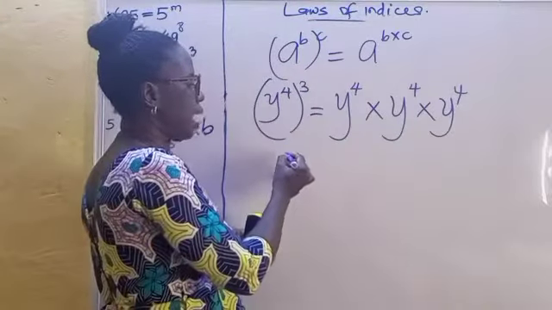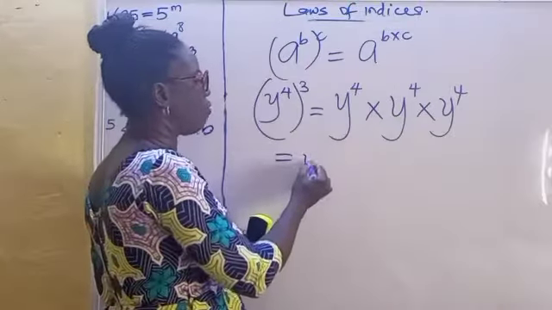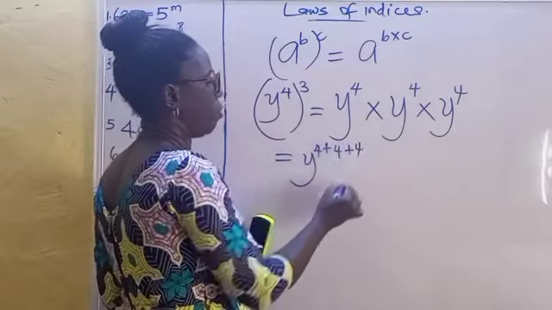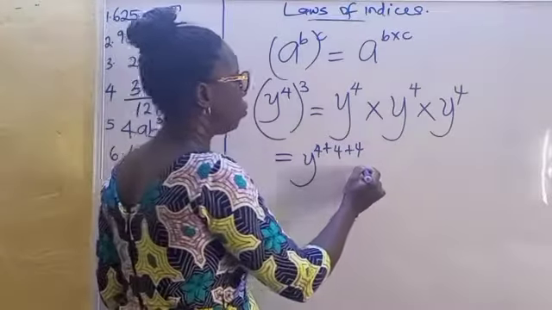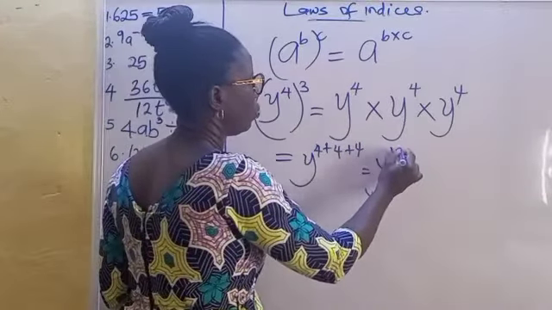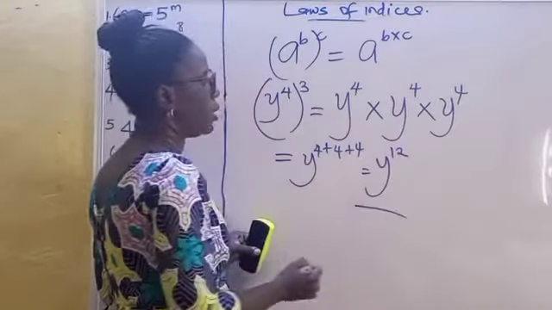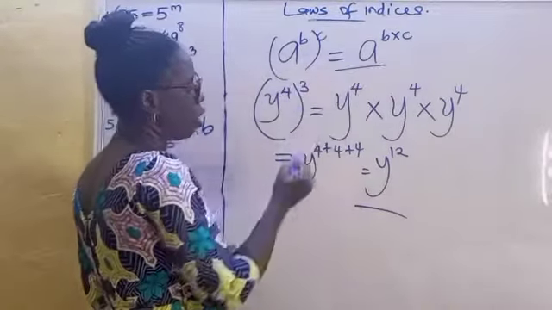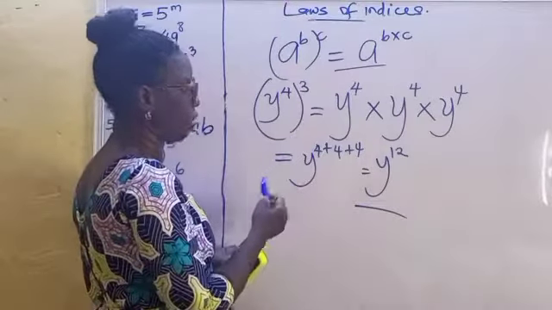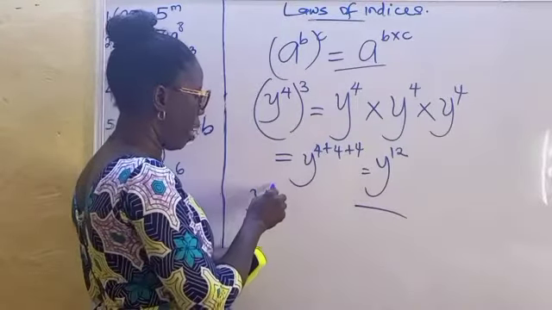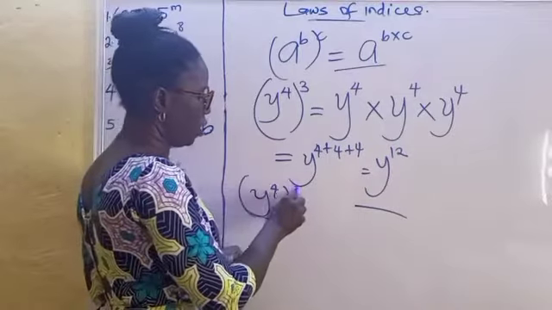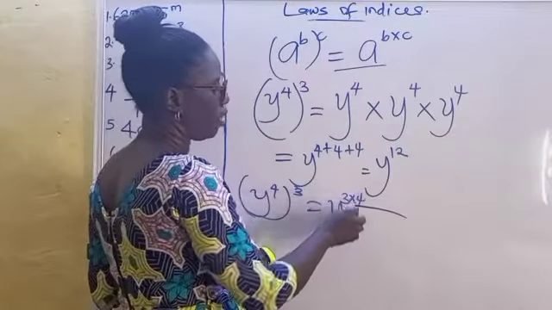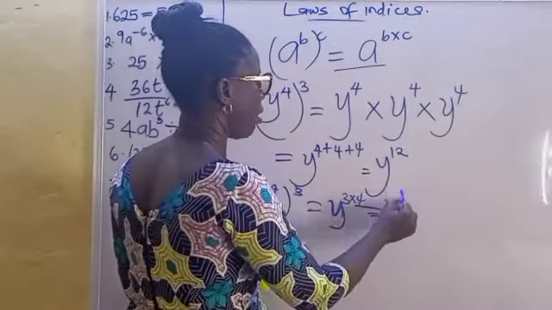If you apply the addition law to this, you have y into 4 plus 4 plus 4, which will give you y raised to the power of 12. And it's the same thing as saying, if you apply the product law now, we will see if it gives us the same thing. y raised to the power of 4 into 3 is equal to y to the power of 3 times 4, which gives us y raised to the power of 12.